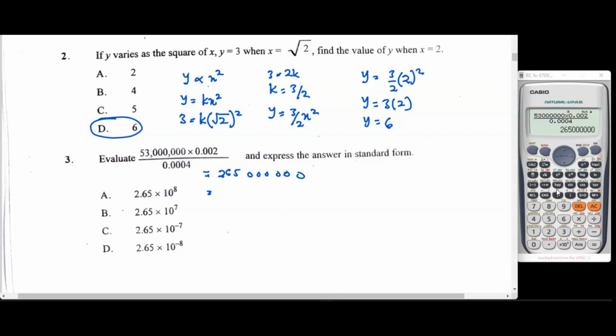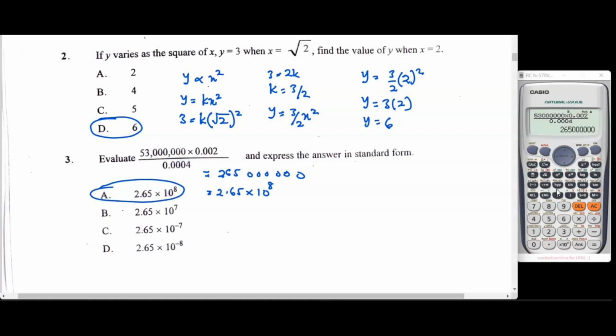You should know that the decimal point is at the end here. So we move 1, 2, 3, 4, 5, 6, 7, and 8. So that is 2.65 times 10 raised to the power positive 8. And that is possible answer A.